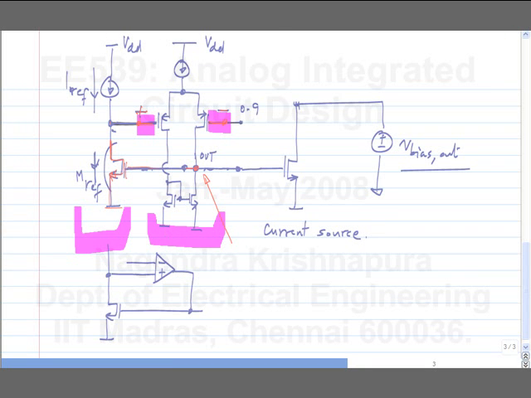And that we do by connecting a resistor and capacitor in series, or you can connect only a capacitor. Actually, let me connect only a capacitor. For now, it will compensate it.